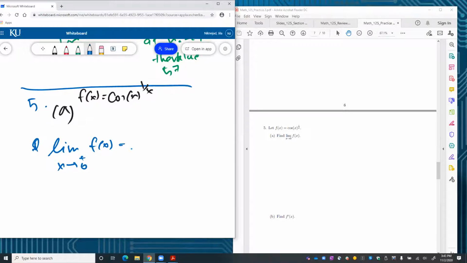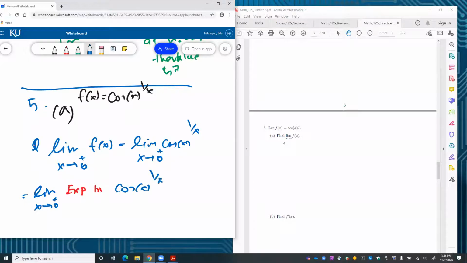What am I ending up with is a realization that I can't do this. Let me write that limit down. Don't forget this limit. Then I write exponential and ln of cosine of x over 1 over x.